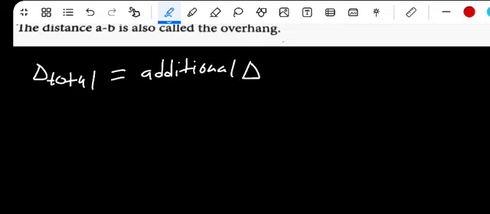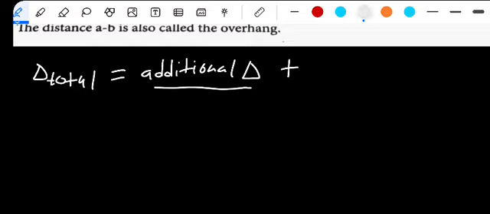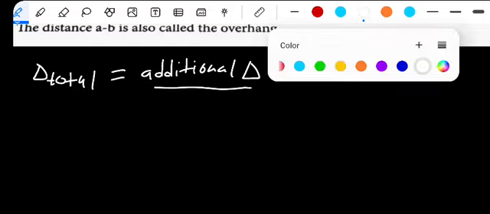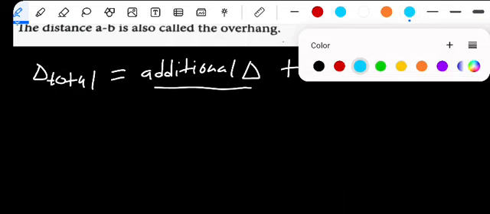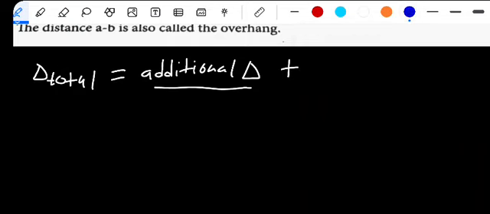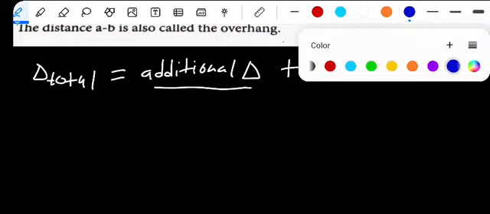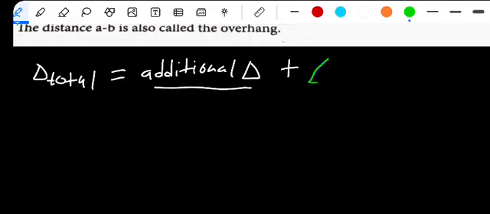plus the deflection due to what? Due to the point load. Theta means deflection. You see that triangle is a deflection, additional deflection plus the deflection due to the point load, the original one. You understand? Now we'll have the deflection.